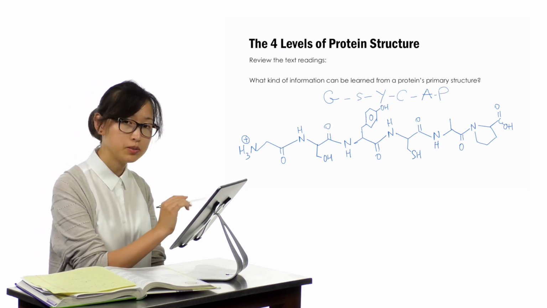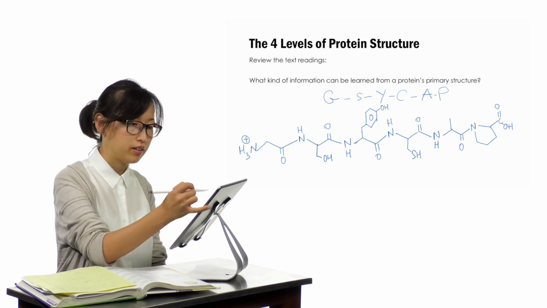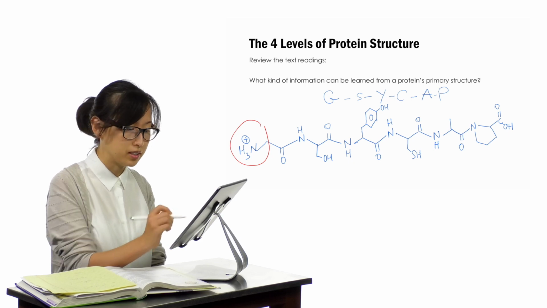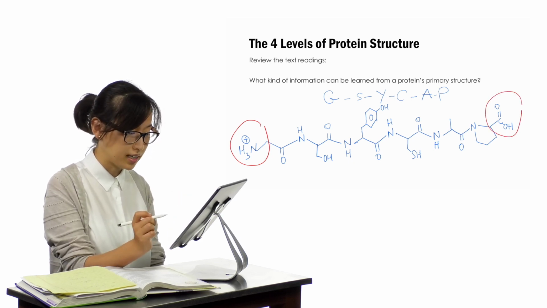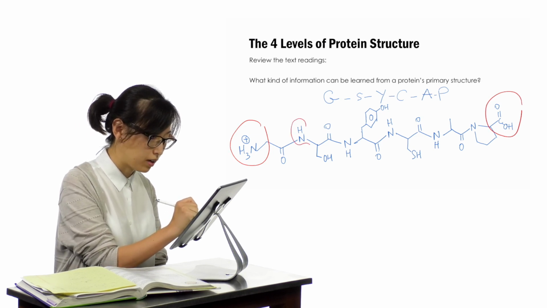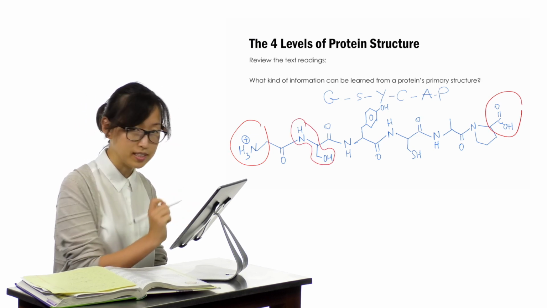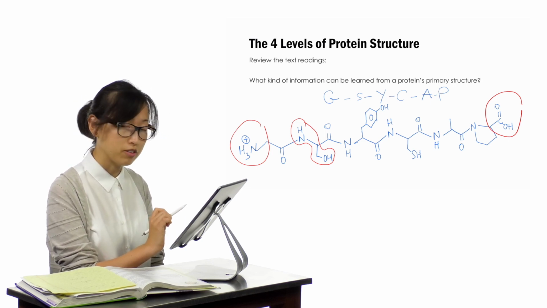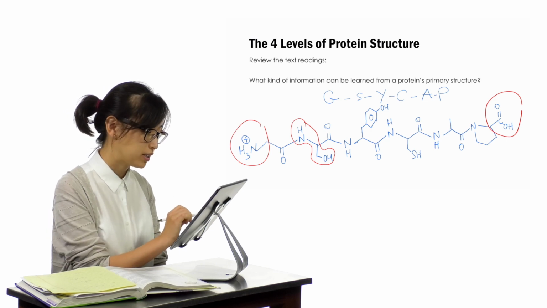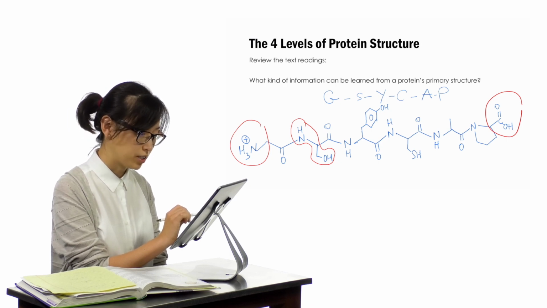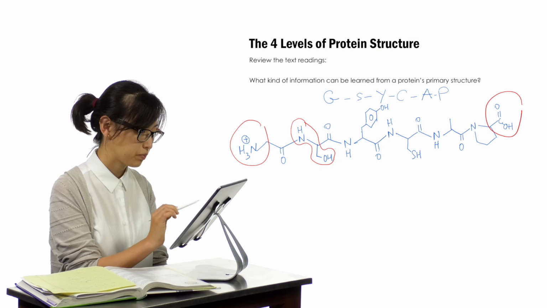We have the amino terminus on the left-hand side, and you have the carboxy terminus on the right-hand side. You can see the peptide bonds that connect amino acids together. You will notice that for the residue side chains, for glycine, I haven't drawn another bond above the alpha carbon because the residue side chain is a hydrogen.